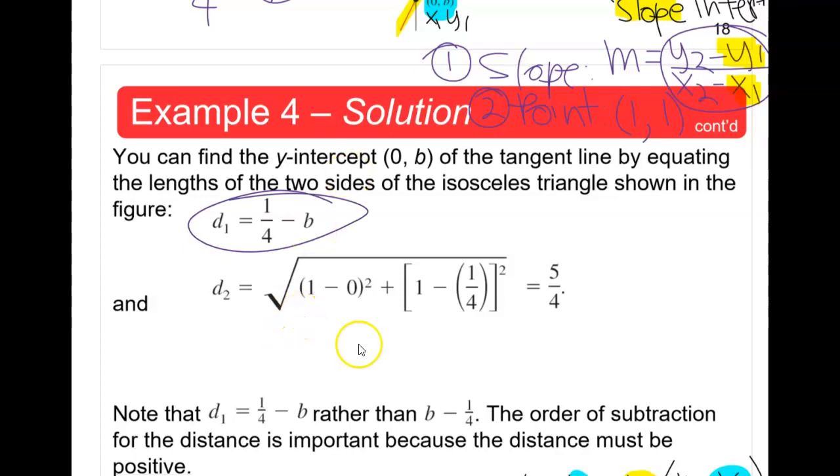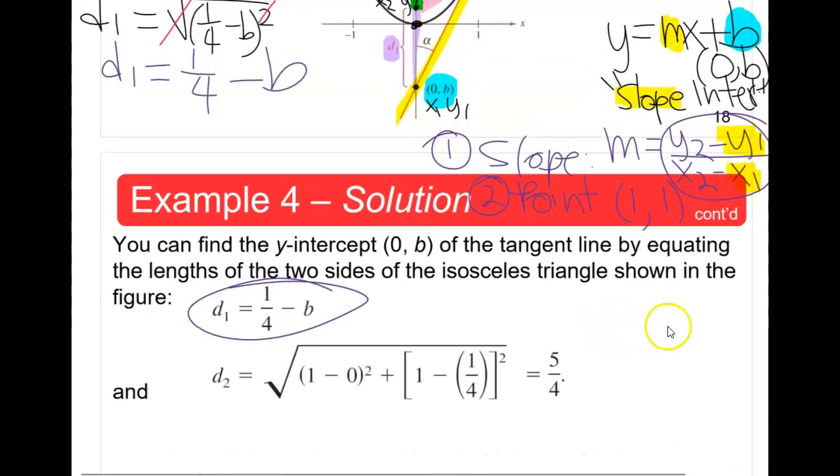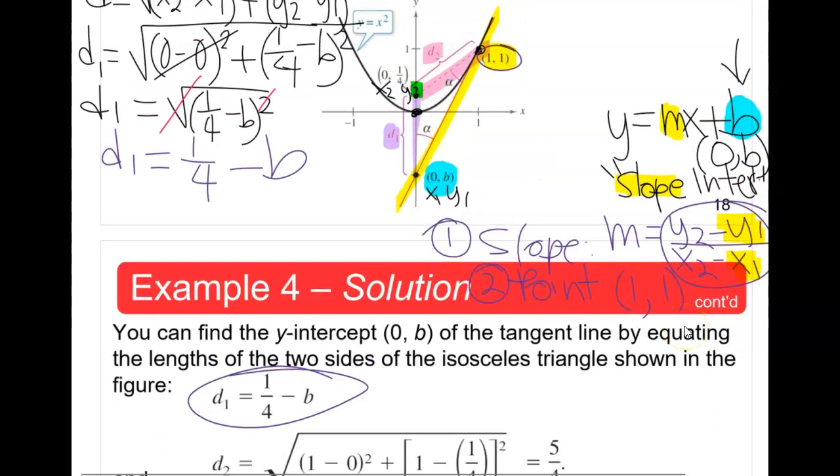So for d sub 2, now to calculate d2, we're not going to use this, actually, yes, we are, the focus. Let me just think for a second.